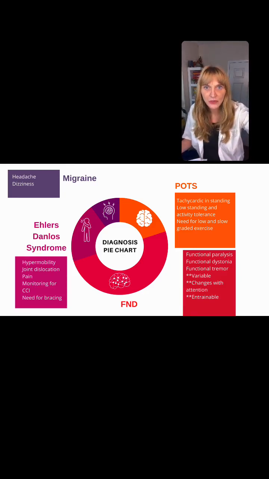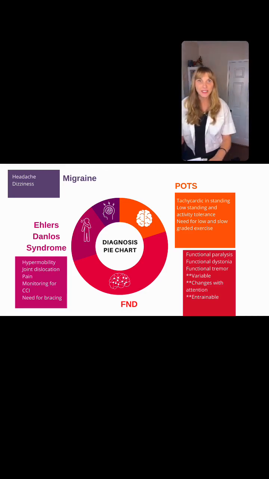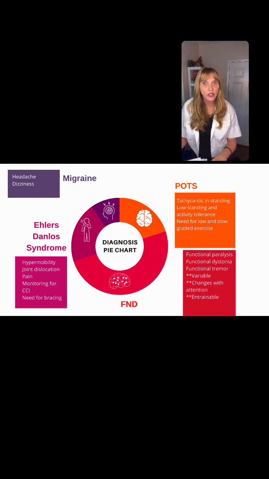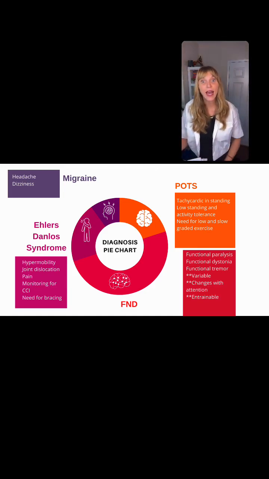Somebody else asked, and look at all these great questions: is CRPS a prodromal subtype of FND? We're going to have a whole other conversation on CRPS, because there are very interesting overlaps between CRPS and FND. In fact, CRPS has often been classified as a subtype of FND.